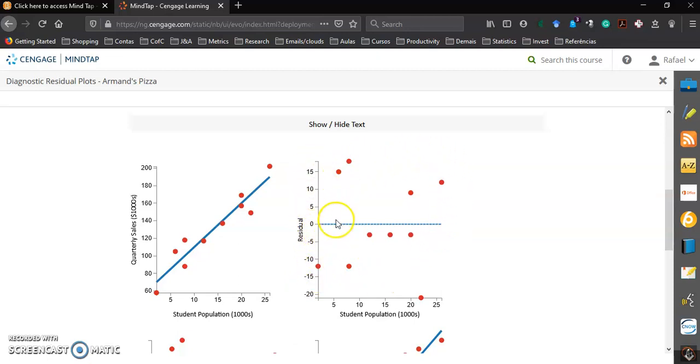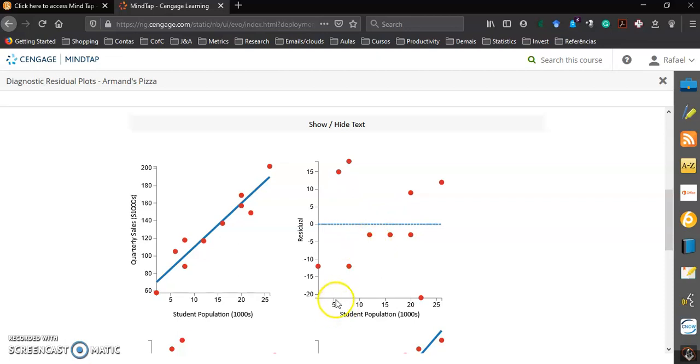In order for us to have constant variance of the error term, they have to vary in a random way throughout all the values of the student population, which is the independent variable. So I cannot have small values of residuals here and big values of residuals here, because then the variance of residuals wouldn't be constant, and they have to be constant. That's what the assumption is.